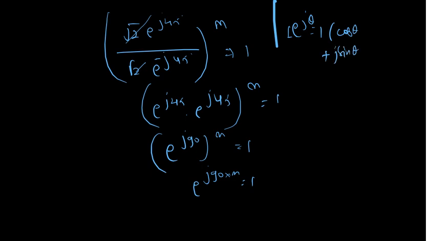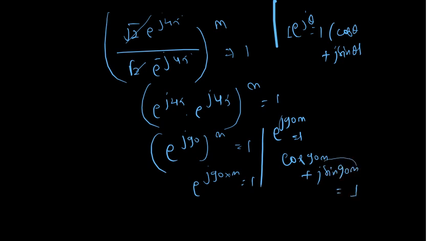So e to the power j 90m can be written as cos of 90m plus j sin 90m. If it has to be 1, it means only the real part should exist, and the imaginary part should be 0. So for the imaginary part to be 0, if m is equal to 0, you see what will happen. m equal to 0 becomes cos of 0 plus j sin of 0, and this becomes 0, this gets 1.